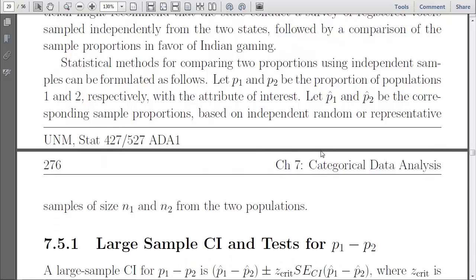So the statistical methods for comparing two independent samples proceed this way. We're going to let P1 and P2 be the true population proportions in our two populations, and we're going to estimate P1 hat and P2 hat as the number of successes in each sample for our two populations based on representative samples of size N1 and N2.